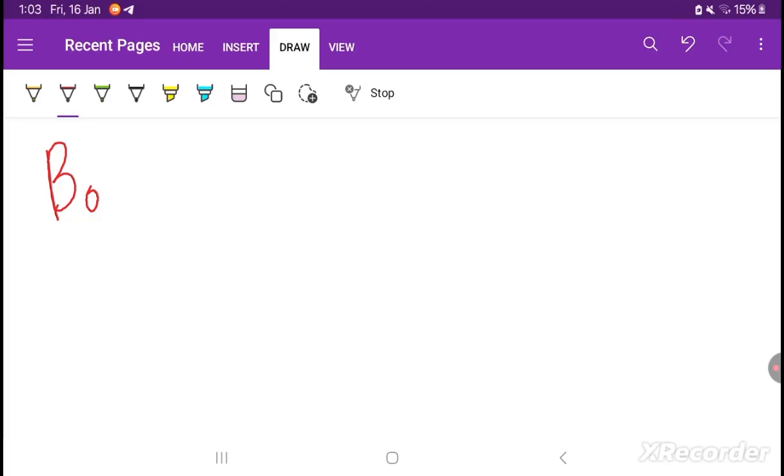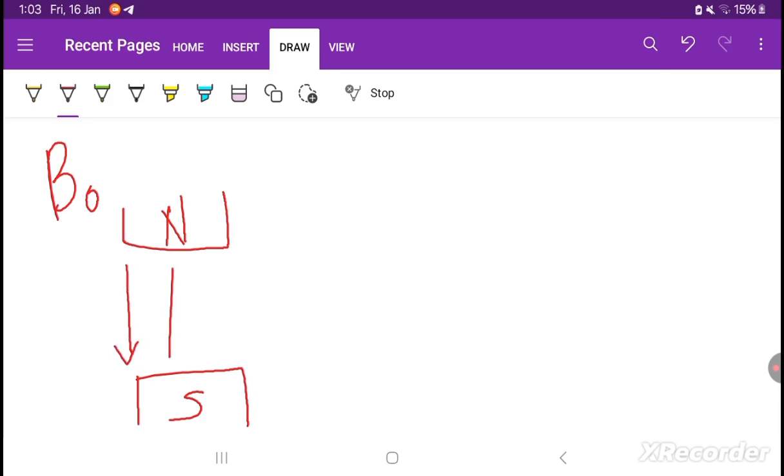So let me say this is north, this is a magnet, an external magnetic field. Its field is in this direction, right? From north to south. The nucleus can align either along with the field, or it can align against.